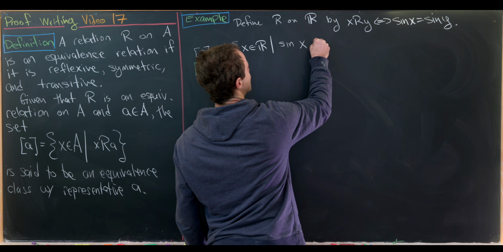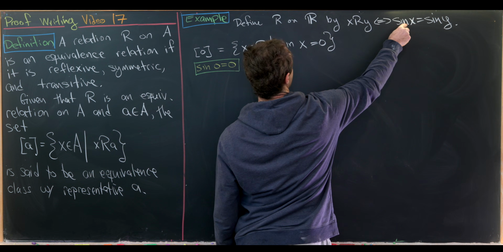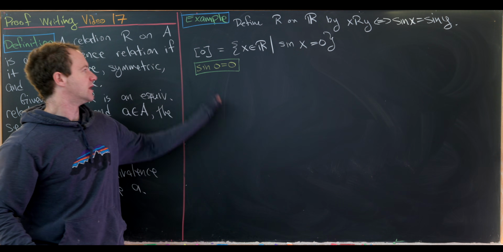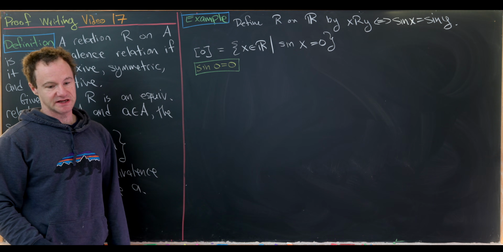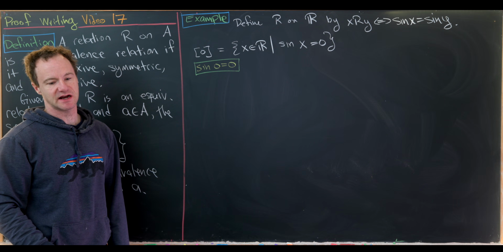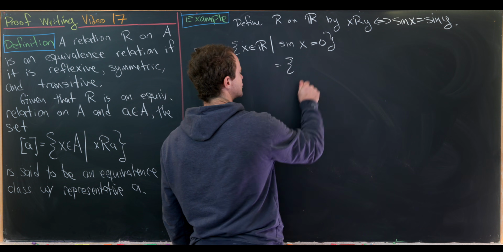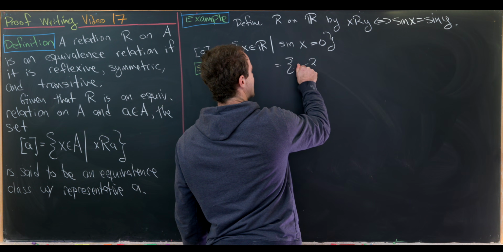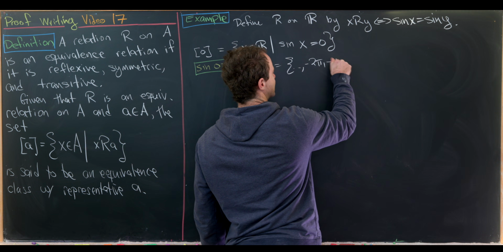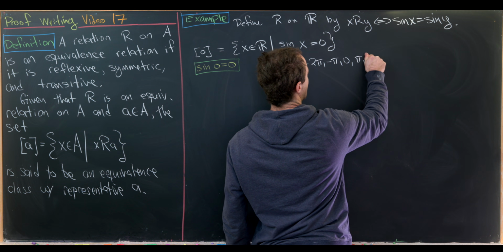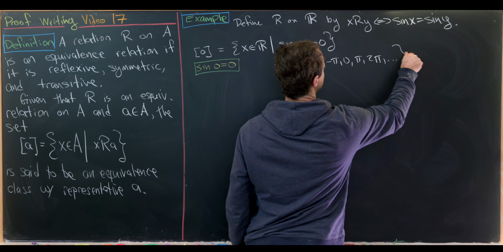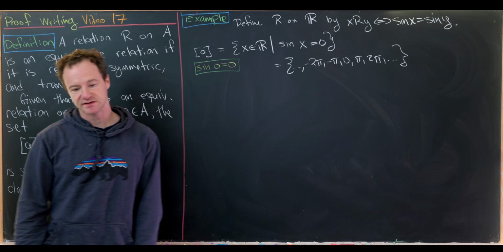Well, really it's sine of x equals sine of 0 by this rule right here. But because sine of 0 is 0, we get just the solutions to the equation sine of x equals 0. But this is exactly the integer multiples of pi. We have negative 2 pi, negative pi, 0, pi, 2 pi, and so on and so forth in both directions.